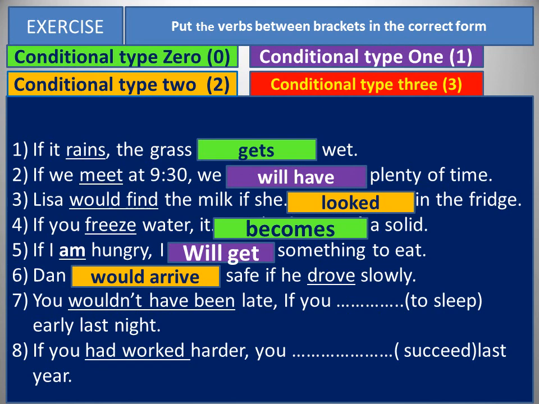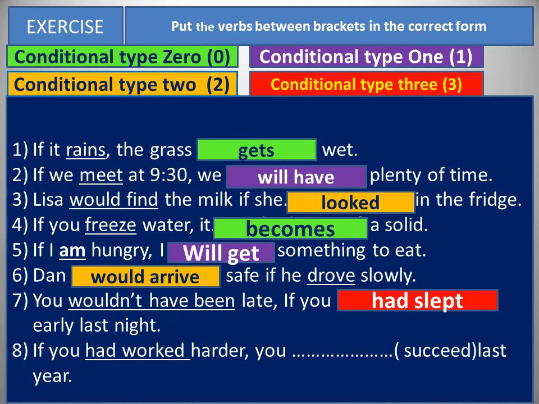Example number 7. You wouldn't have been late if you, and we have the verb to sleep early last night. So your answer is, you wouldn't have been late if you had slept early last night.